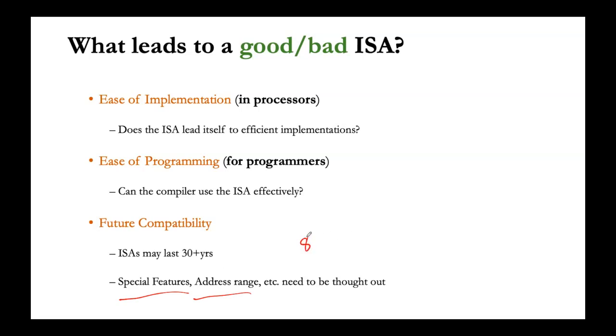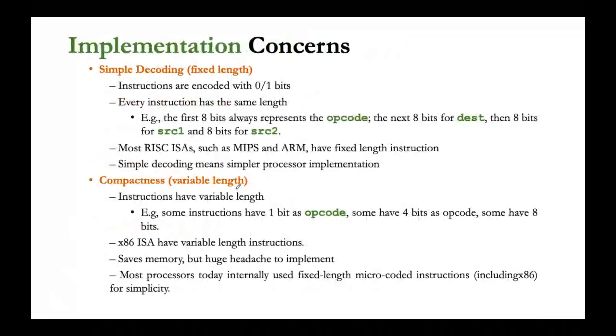Earlier it supported only 8 bits, then 16 bits addressing range, then 32 bits, and nowadays we are using 64 bits addressing ranges. That needs to be thought of. So let us see these one by one for the CISC and RISC ISAs.